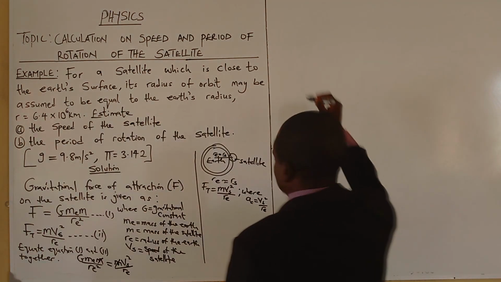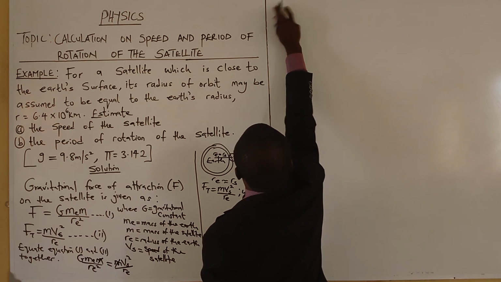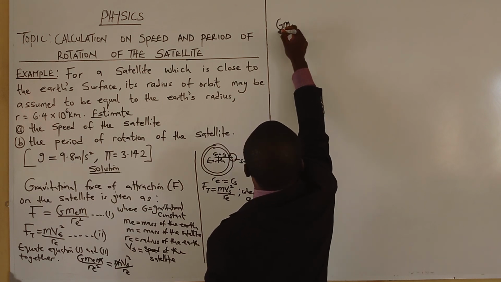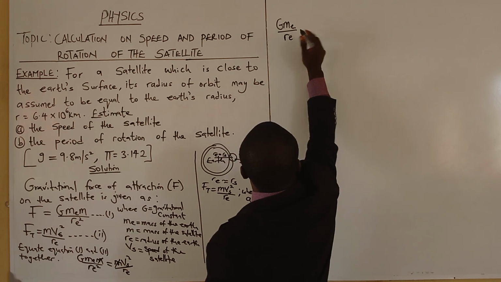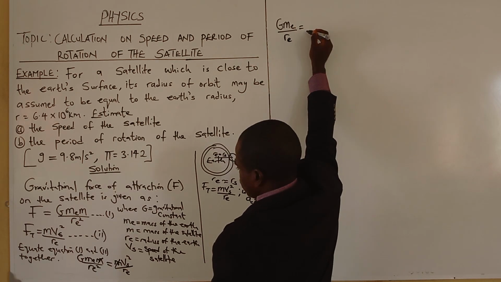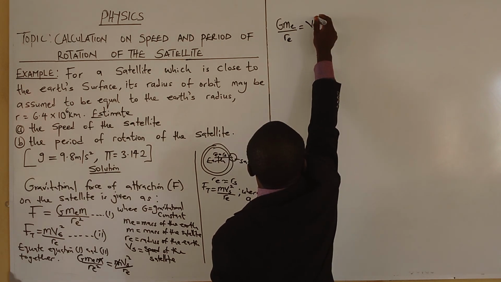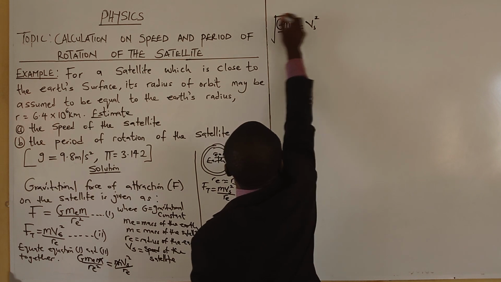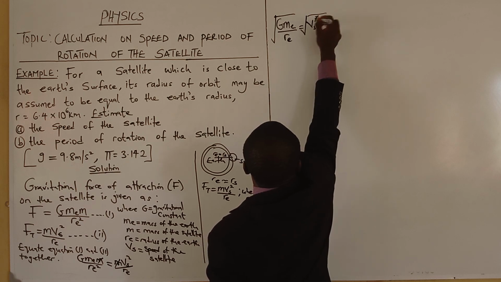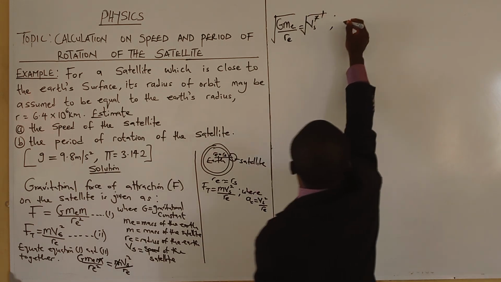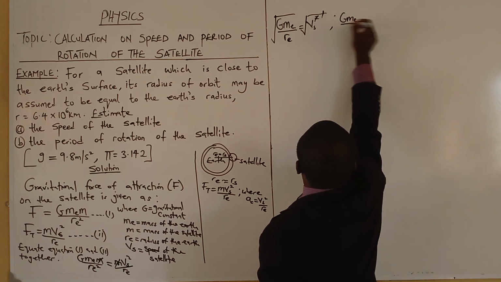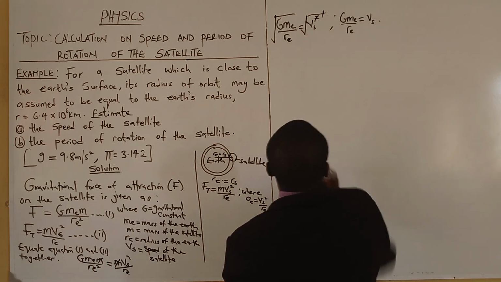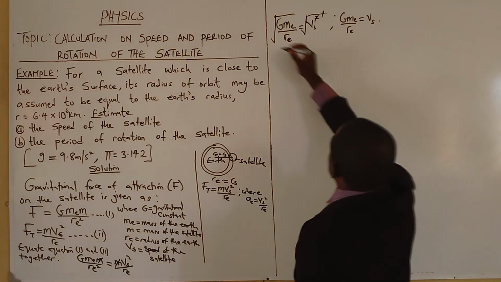You have G ME over RE equals vs squared. Find the square root of both sides so that the square will cancel out, and G ME over RE equals vs. Don't forget the square root.